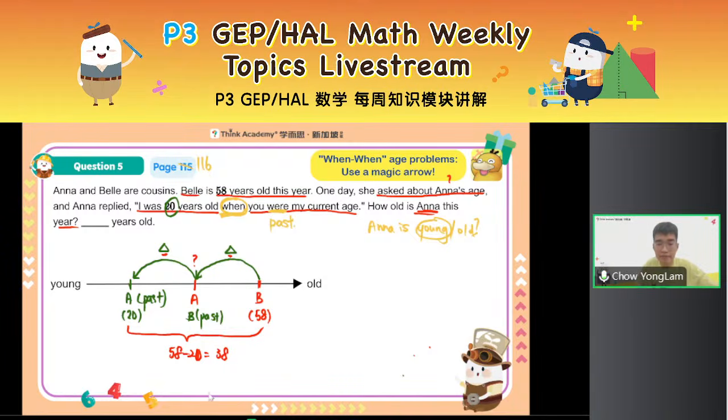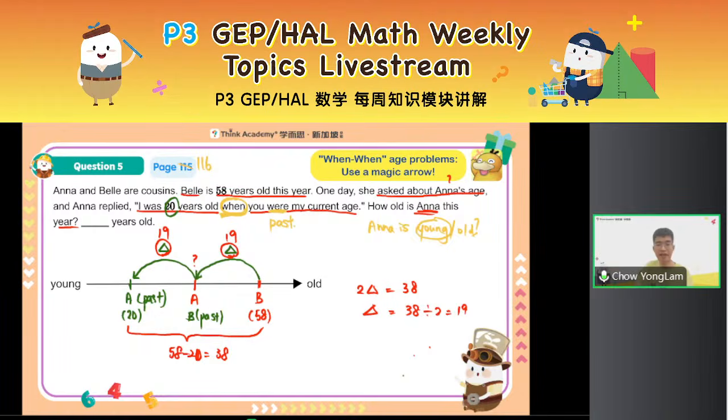If you look at the number line, your total gap of 38 contains two triangles, and they are equal, because each of them is traveling by the same number of years. So 2 times the triangle is 38. How many years is one triangle? One triangle will be 38 divided by 2, which is equal to 19. So 19 years have passed.